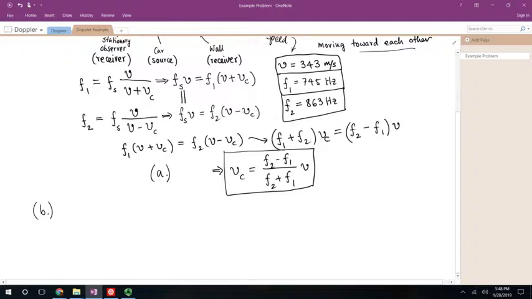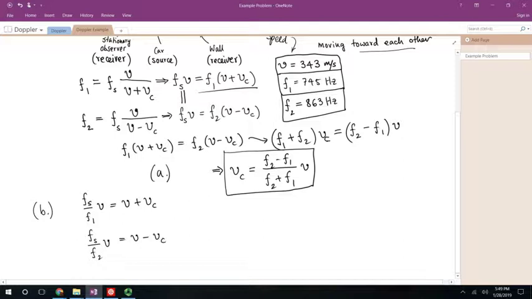So what we could do is from this first equation over here, we can rewrite that, and that would look like Fs over F1 times V is equal to V plus Vc. And then the second equation can be written as Fs over F2 multiplied by V is equal to V minus Vc.